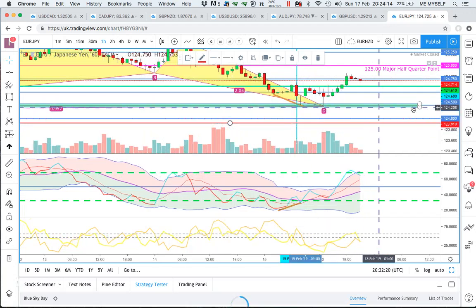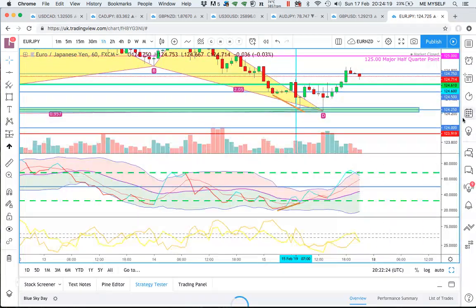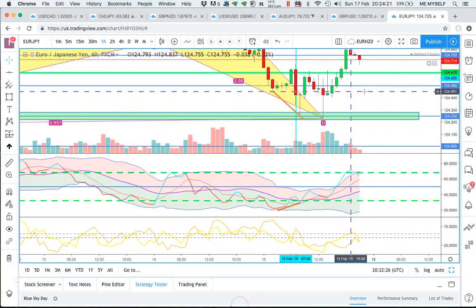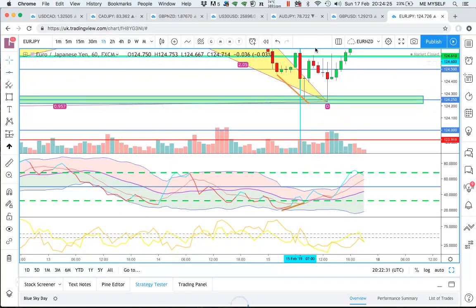Boom, right there. So for those who would have entered at this quarter point level, that's a 30 pip stop loss.